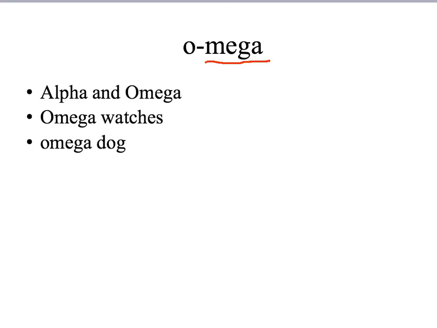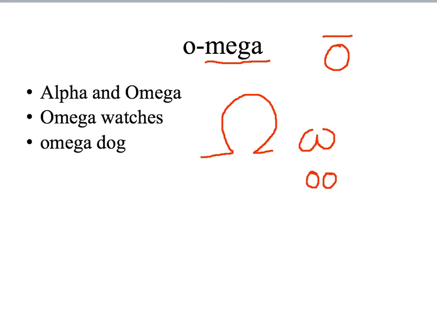Omega means the big O or the long O. Omega represents a long O sound, and a capital Omega looks somewhat like a horseshoe, and a little omega looks somewhat like a W, because probably originally it was two little omicrons next to one another, and then it turned into this curvy W.